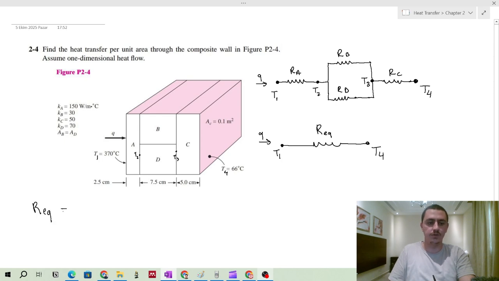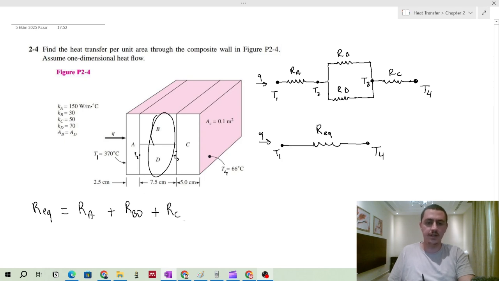How do we know R equivalent? It's the same job that we do when we have electrical resistance in series and parallel. So you take RA, plus we need to find RBD. The equivalent of BD is connected in series to RA.